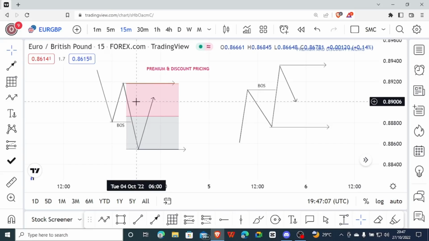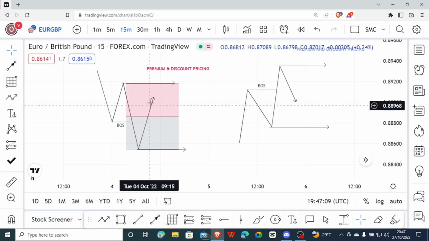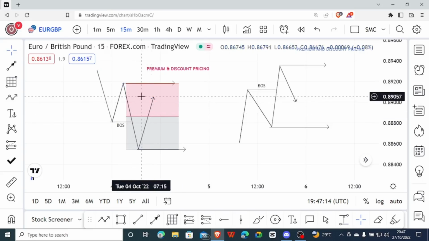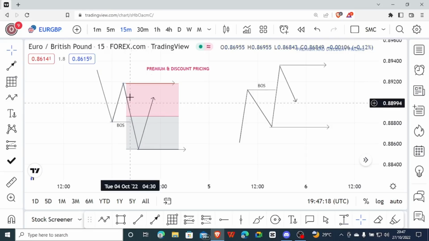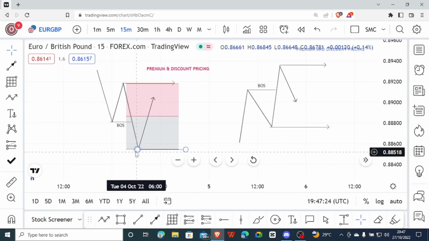Okay, and so in this case, once price gets into this your premium zone, in the case of this bearish structure, you now know that the existing order flow, the most current order flow, has been mitigated before price will go down to break structure here. That's the second reason why you need to master the concept of premium and discount pricing.